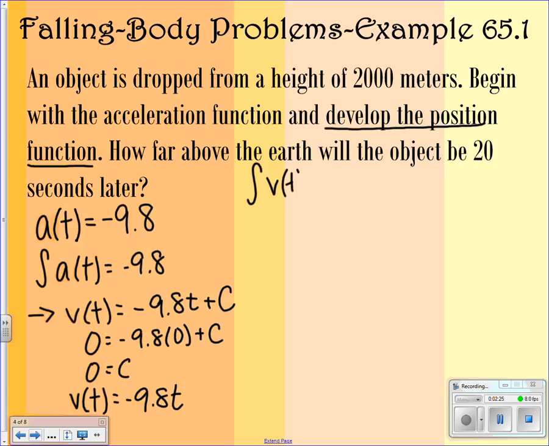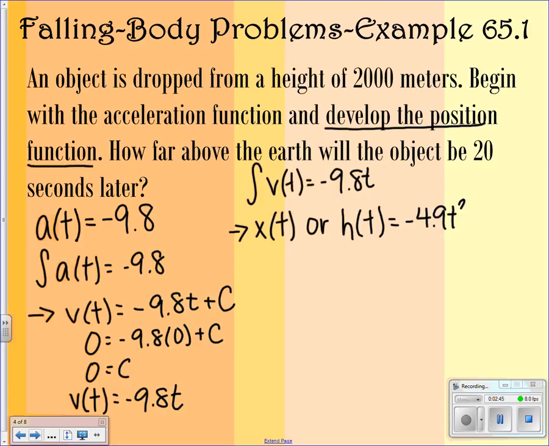So the integration of the velocity, which is negative 9.8t, is going to go to the position function, which you can use as an x of t, or you can make it h of t, whichever one you want. But if you integrate that, you're going to get negative 4.9 t squared and then plus c.